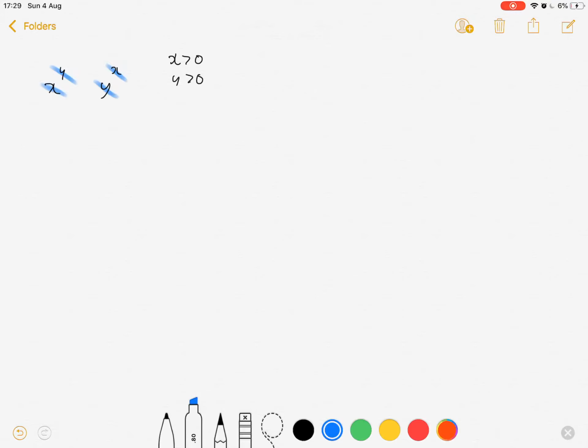So we would be able to put them over a natural log. So y ln x, this part would be x ln y, right? And because x and y are both positive, we can divide the whole thing by xy, and that would not change which side is bigger, right?